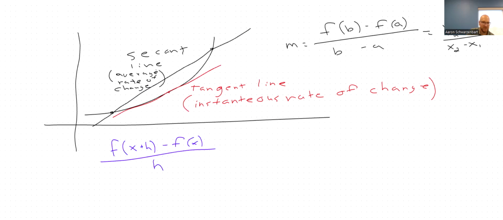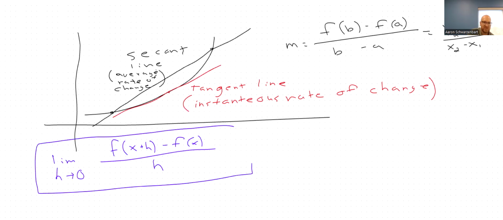And what's going to happen is you're going to be applying the limit as h approaches 0. So you're moving towards a point where you're dividing by 0, which is a problem. So this piece right here, known as the difference quotient.